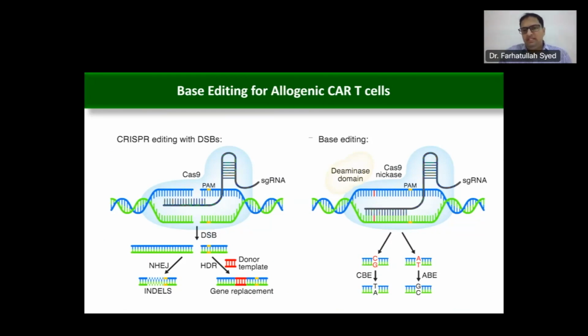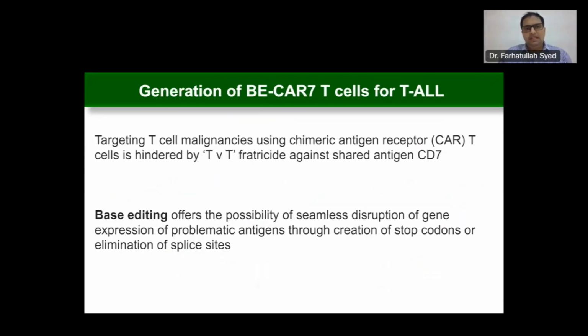There are base editors, which will not allow a double-stranded break, but will change a single DNA base. So we further utilized these base editors to create off-the-shelf CAR T cells which can target T cell leukemia, so-called T versus T.